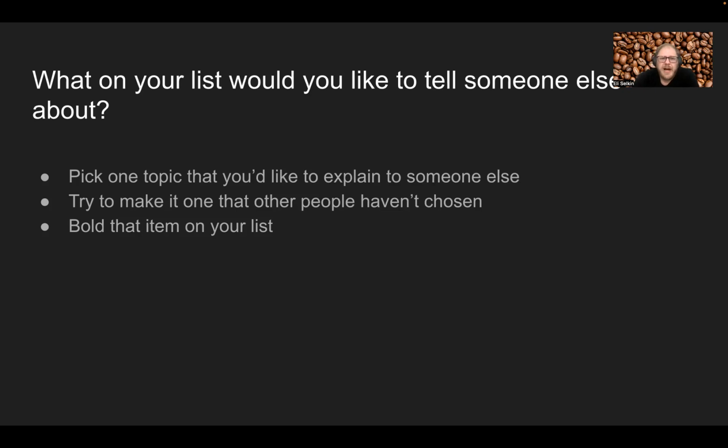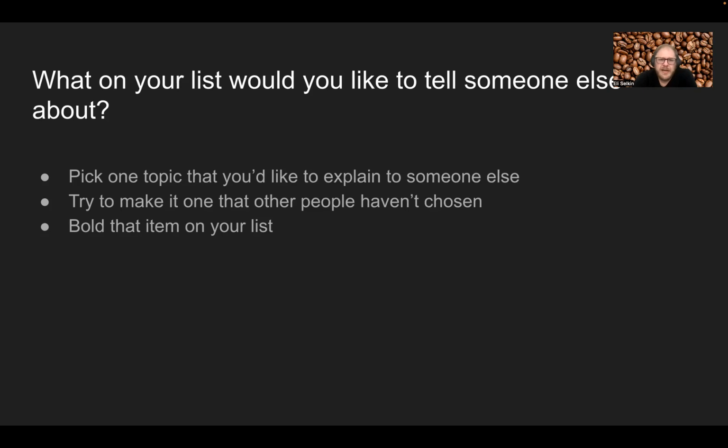So you'll pick one topic that you'd like to explain to someone else from your list of topics, and you want to try and make it one that other people haven't chosen. So you'll go back up to the Discord and see if other people have put on their list, and make sure that you don't pick one of the ones that's bolded in their list.